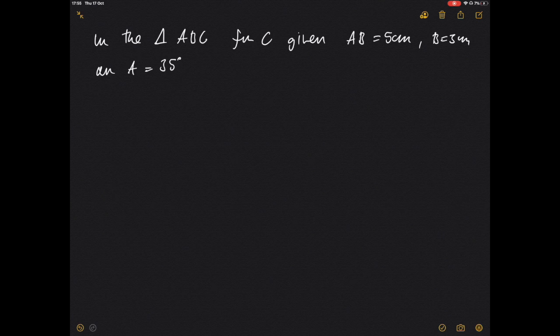Okay, so let's draw this triangle. Maybe we draw any triangle a little bit like this, maybe a little bit bigger, and then we're going to put our letters on. So here is A, here is B, and we're going to call this C.